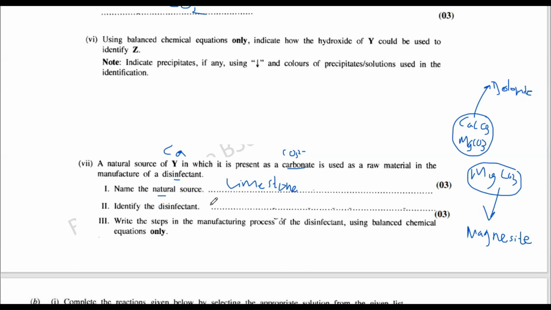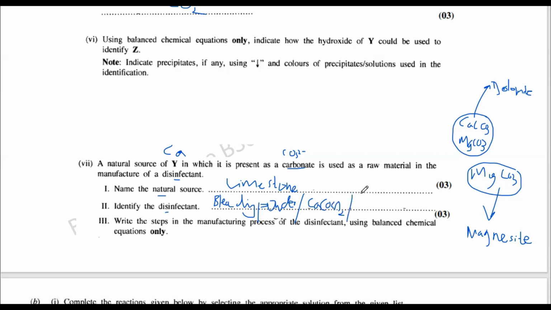So identify the natural resource: it is limestone. And identify the disinfectant: the disinfectant is bleaching powder. Either you can write the formula as calcium hypochlorite, Ca(OCl)2, because there should be OCl minus.